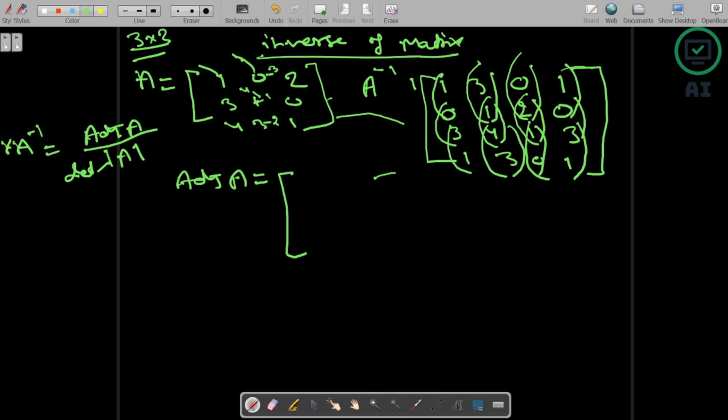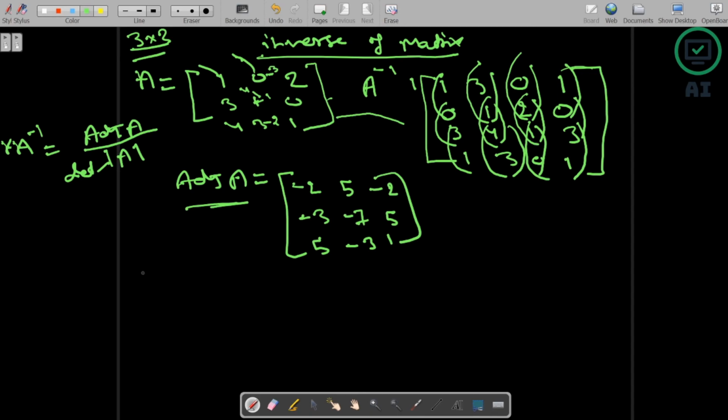So the values would be -2, 5, -2, -3, -7, 5, 5, -3 and 1. So this is the adjoint of A.